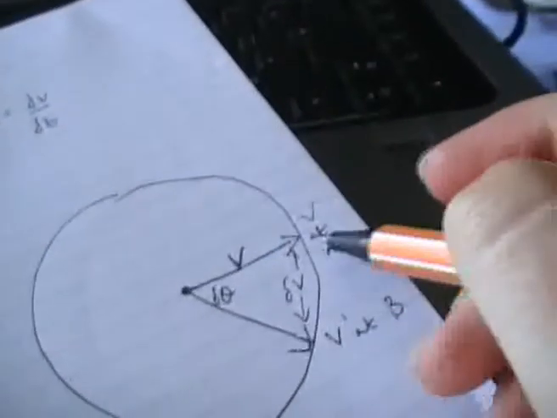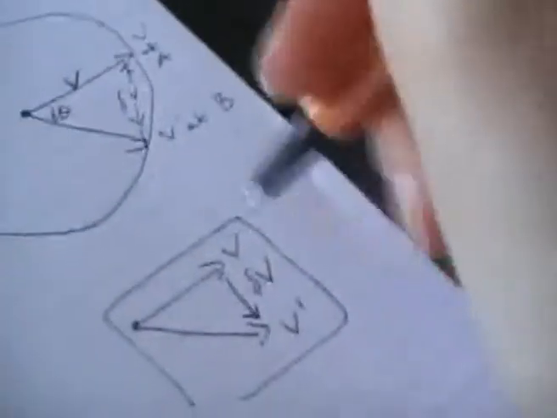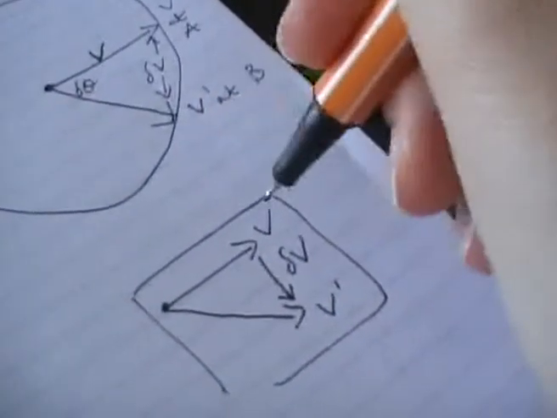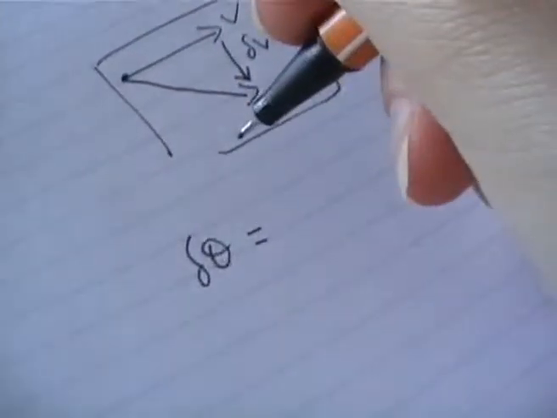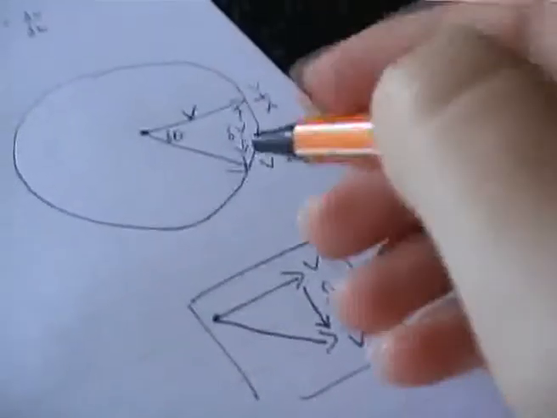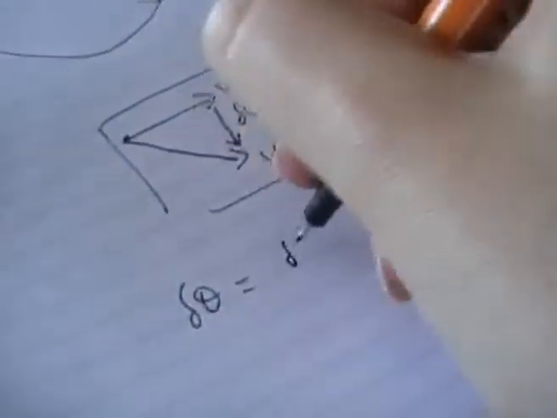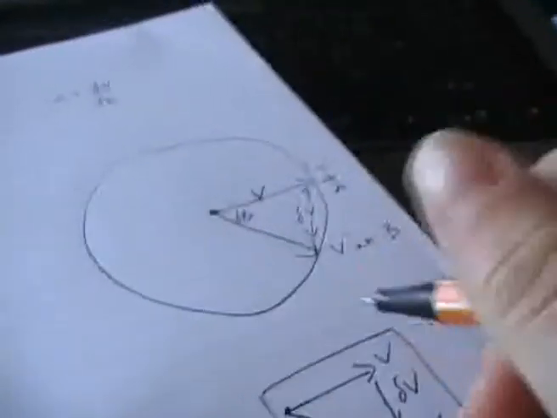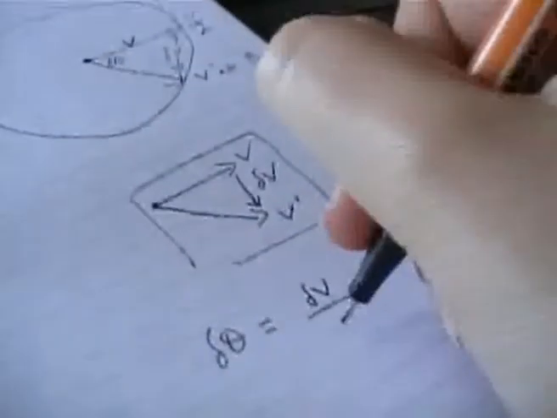And because this delta is so small, it is going to be a straight line, which makes life very, very nice. And we have an expression for delta theta: delta theta equals the arc length, which is a straight line in this case, delta v, over the radius, which we've already talked about, is going to be v.